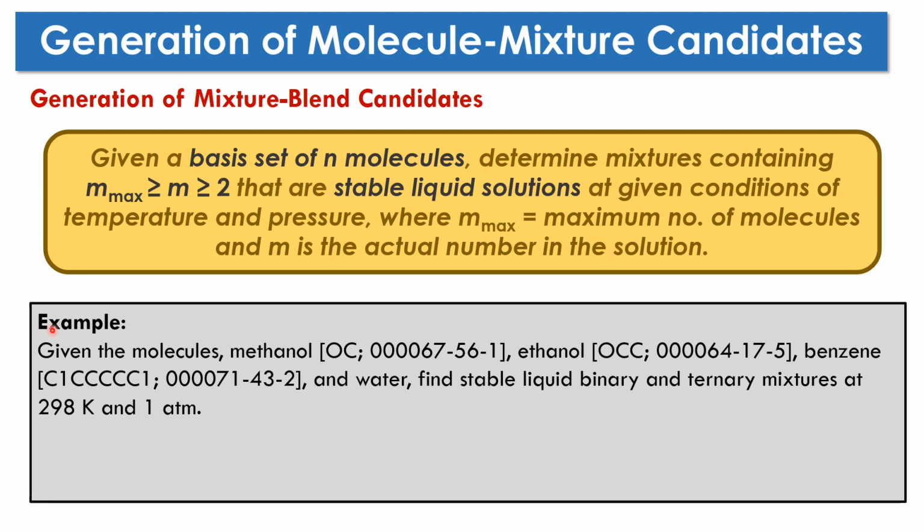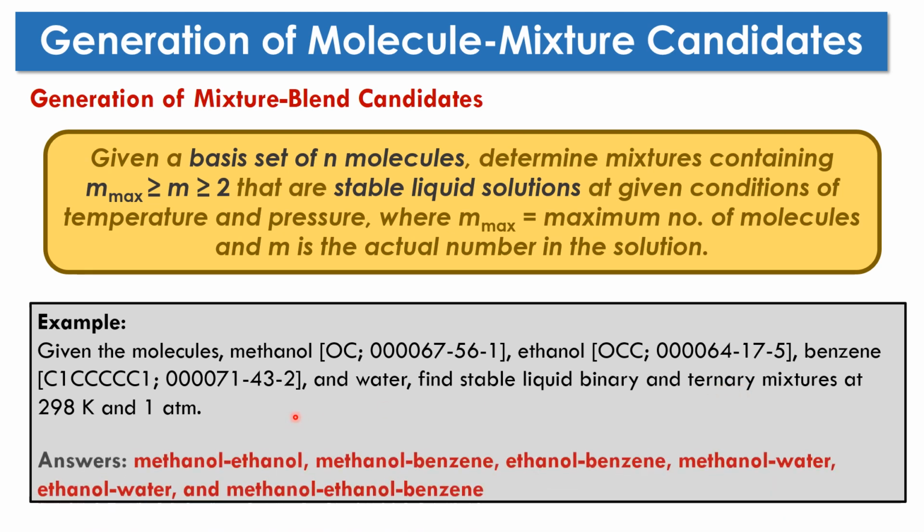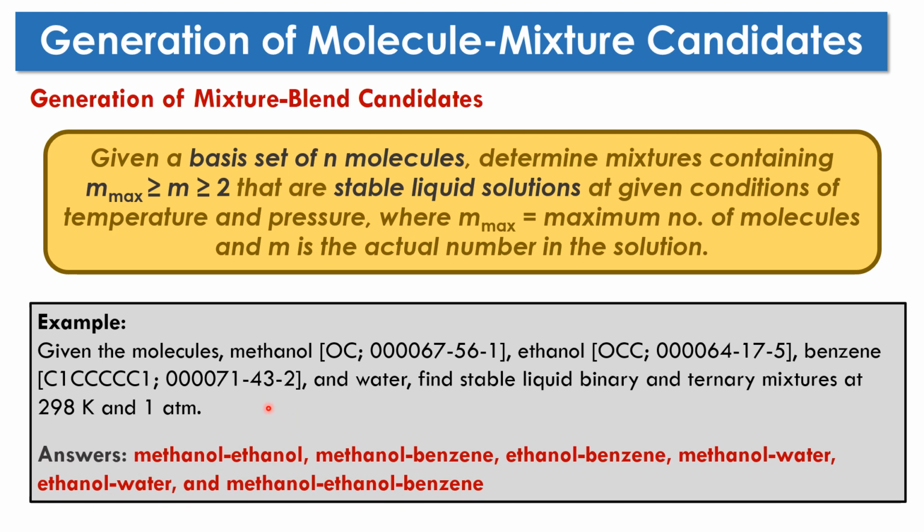So let's say we are given molecules of methanol, ethanol, benzene, and water. So we have 4 molecules. We need to find stable liquid binary or ternary mixtures at 298 Kelvin and 1 atm. Binary means a combination of 2 compounds, right? Ternary is a combination of 3 compounds. Okay. So the answer is, these are the stable binary and ternary mixtures.